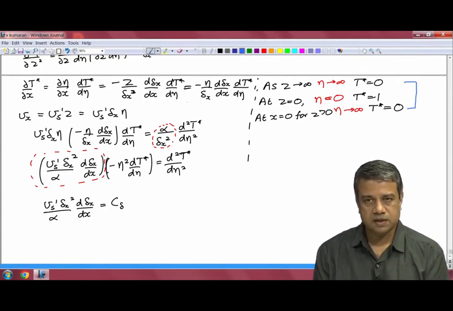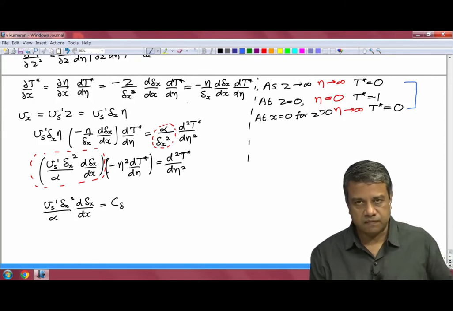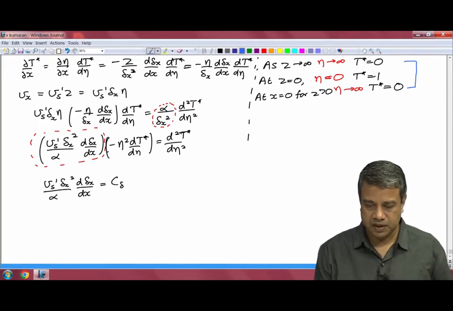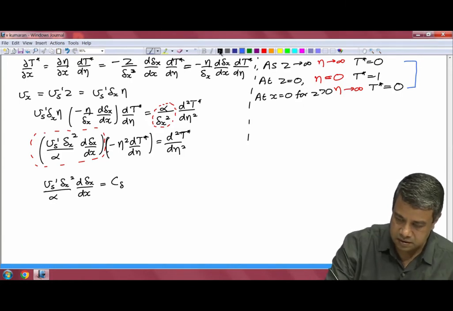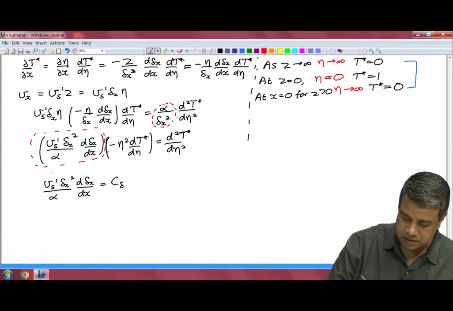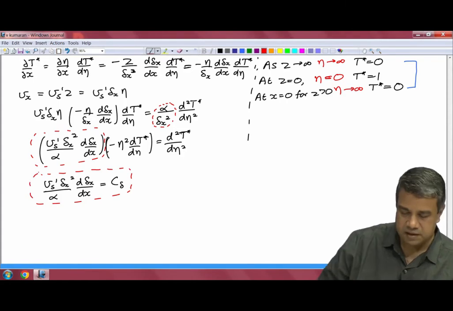So, those are the equations and the boundary conditions, and we have to now solve this equation. Okay. There are two things here. One is this differential equation, which gives delta as a function of x.